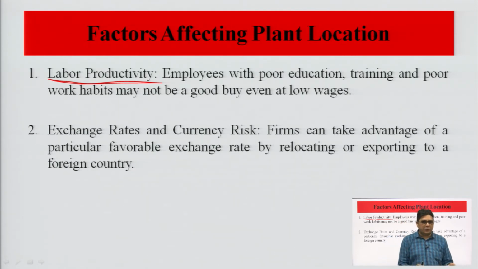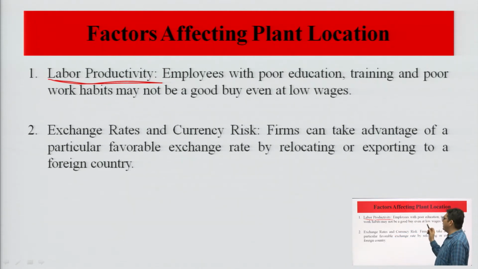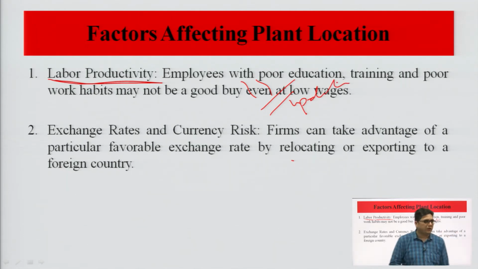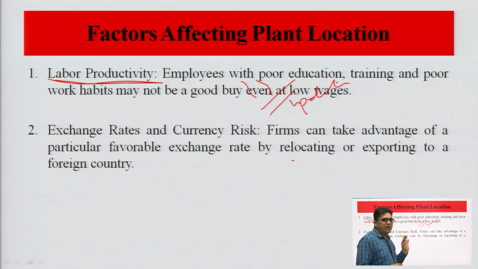The people in rural areas are not well trained, and they are not aware of recent technological development. So, companies need to check whether they can update their employees or not by being there. Productivity is one factor you need to check: whether the manpower where you are locating is updated and well trained or not.